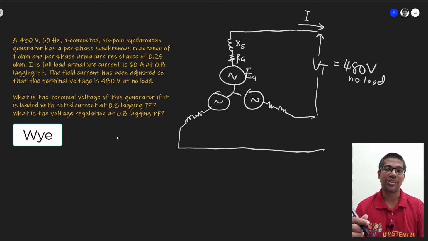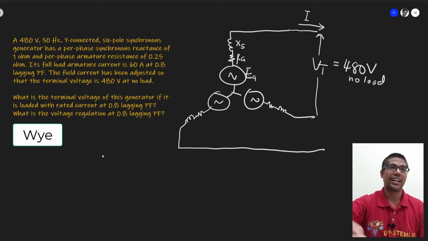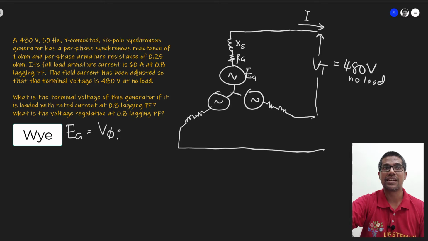EA equals V phase at no load condition, which equals VT at no load condition, the terminal voltage, divided by square root 3.